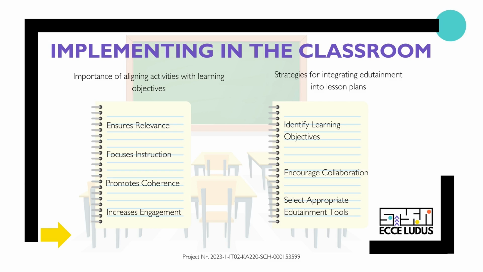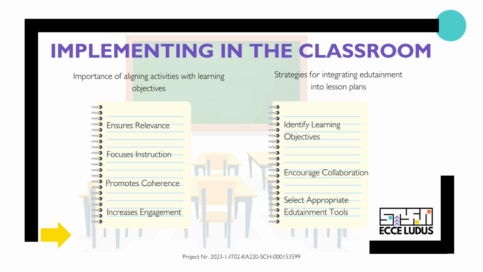Aligning activities with learning objectives promotes coherence and continuity in instruction, helping students make connections between different concepts and understand how they relate to each other. When activities are aligned with learning objectives, students understand the purpose and relevance of their learning, which increases their motivation and engagement in the lesson.